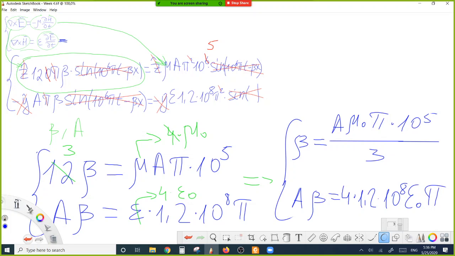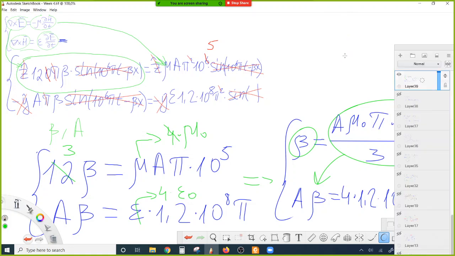So this is our final system of equations. We take this beta and put it here, and we find a.